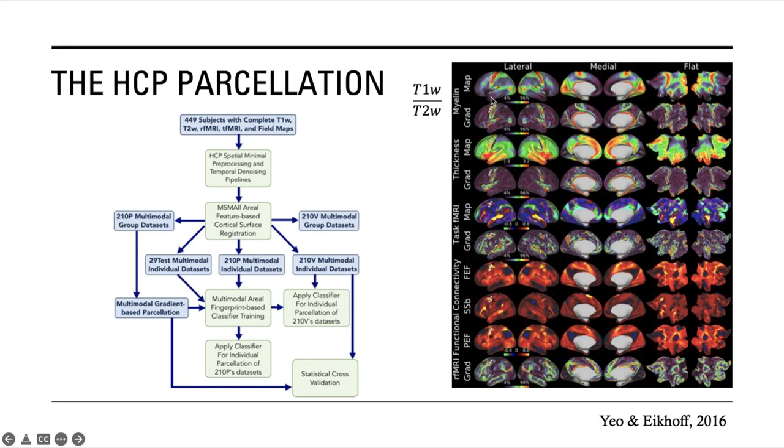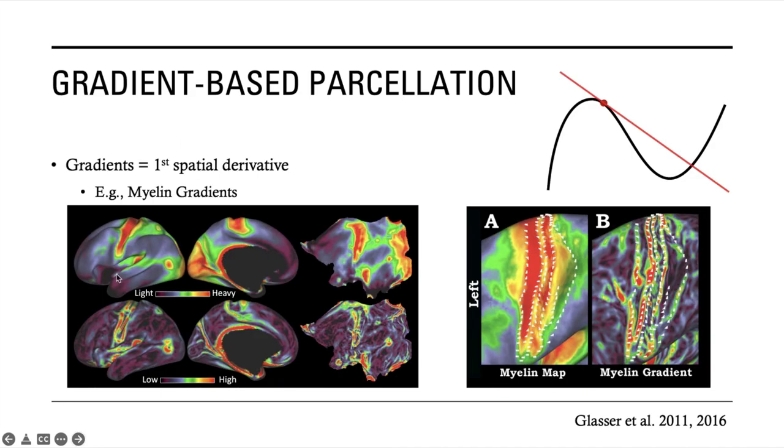So we have myelin maps, cortical thickness measures, task fMRI, and functional connectivity measures. And the areal borders of the parcellation were measured with gradients. So where are changes in those areal features, and those gradients, as the spatial derivatives of the data, were then used to identify areal borders.